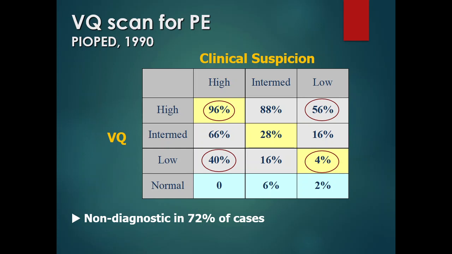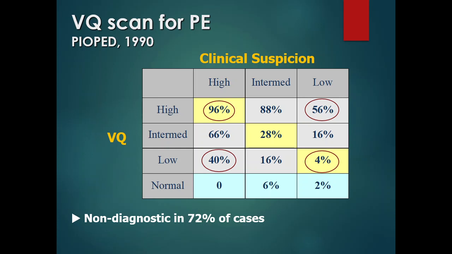But if the clinical suspicion is low, I'm not sure that this is pulmonary embolism, let's do a VQ scan. If it comes back as high probability, you are lost. You are 50-50 still. This is not very helpful. Half of the patients would turn out not to have pulmonary embolism and half of them will.